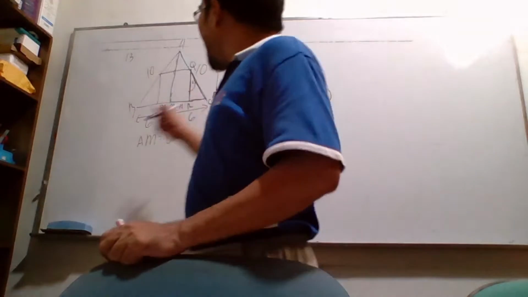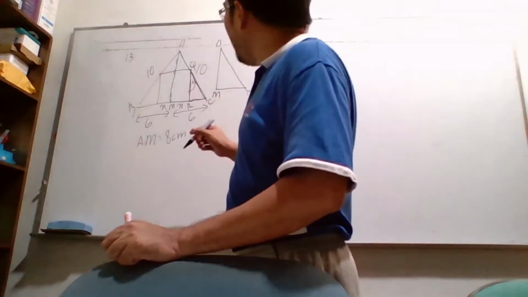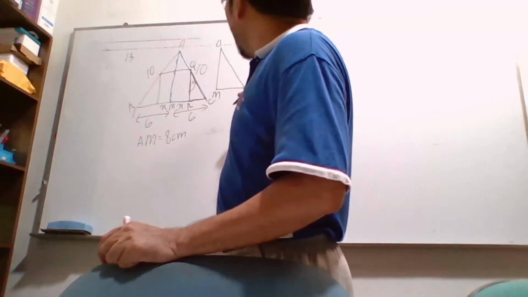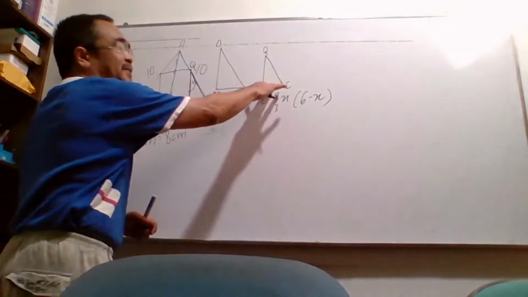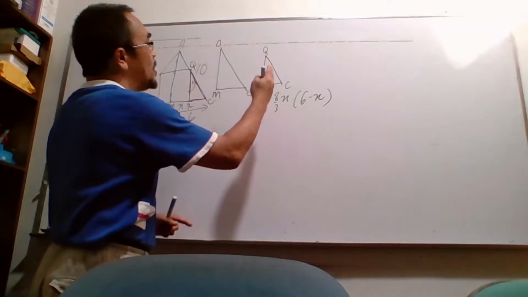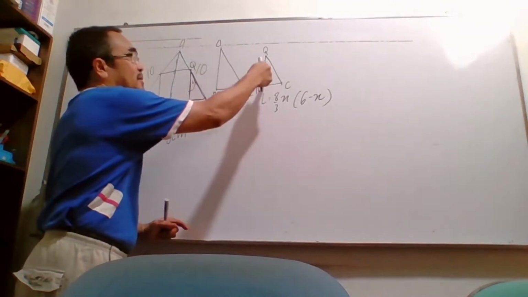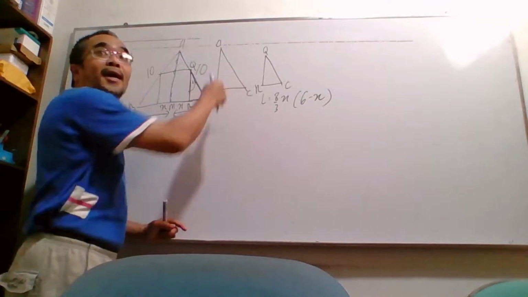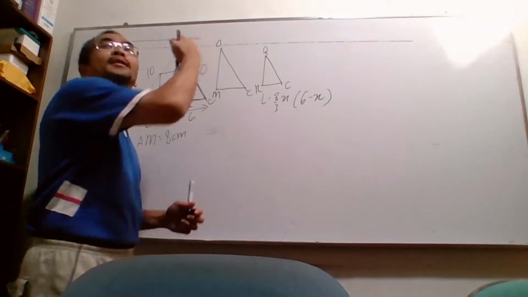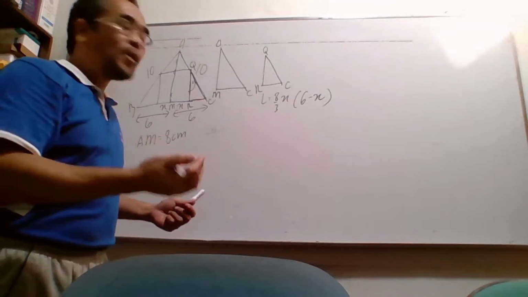So we can create an equation relating them. You have to understand the ratio of the base is equal to the ratio of the height, and equal to the ratio of the hypotenuse.